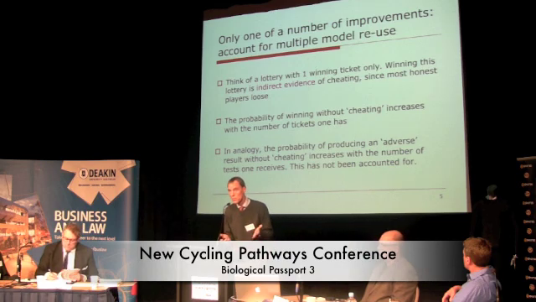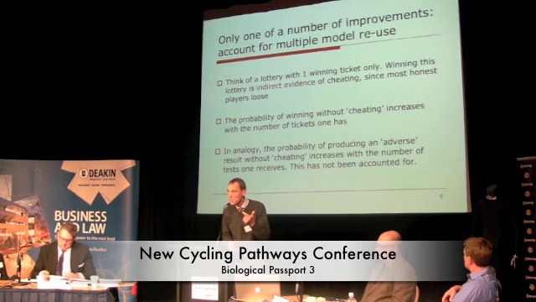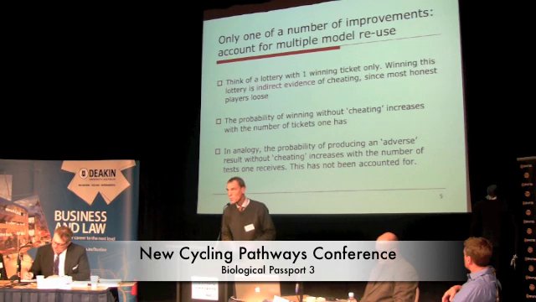You have this model, and you have the intention to reuse it over and over again. These normal ranges are based on an implicit assumption, because it's not realized, that you're going to use it only once.